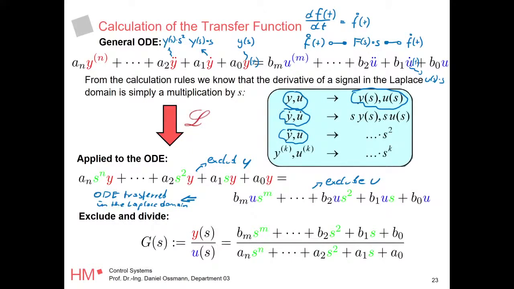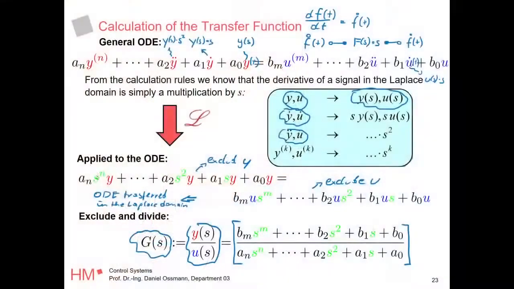And then you've got your transfer function. So it's really excluding u and y and then dividing to the other side, and what remains on the left hand side is then y over u. And on the right hand side this guy remains, and this is the definition of your system. So you brought your system from the ODE into a transfer function in basically two steps, by just applying one single rule.